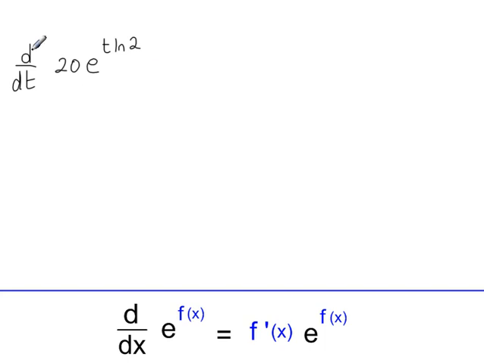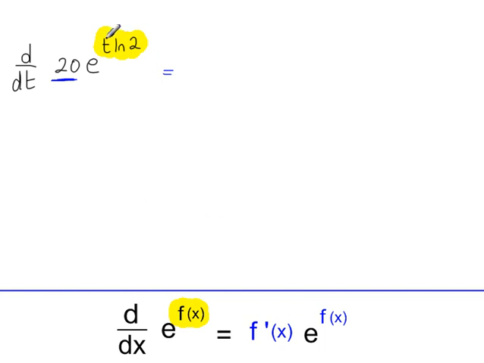In this example, we're differentiating with respect to t and not x, but the formula still applies. We must remember to multiply the final result by 20. So, the first part then, we need to differentiate t ln 2.